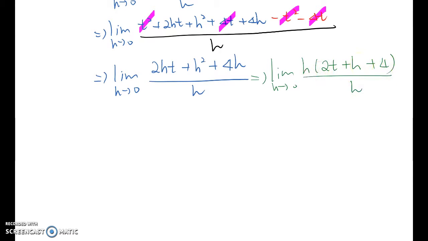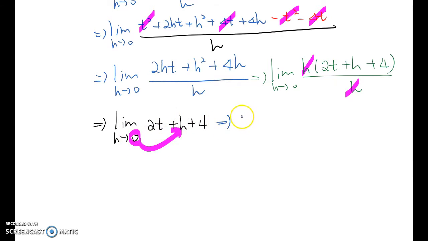So as you see, we cancel this and this. Now it is going to be the limit as h moves to 0 of 2t plus h plus 4. Now plug 0 into h, then this becomes 2t plus 0 plus 4. Therefore m equal to 2t plus 4.